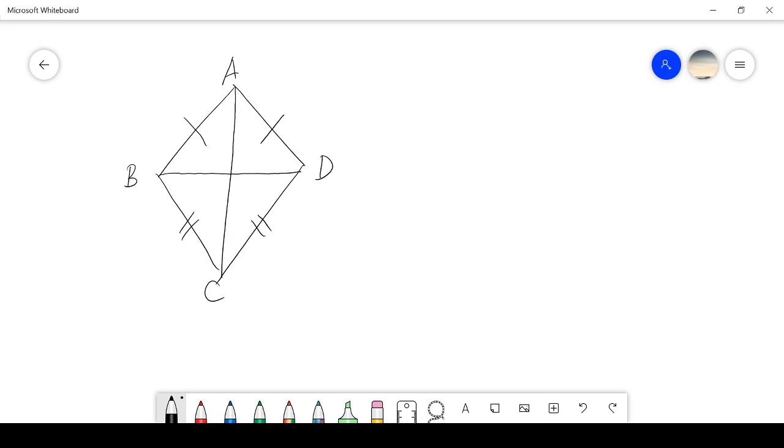They tell us that OB is equal to OD, and that's equal to 6. So that's 6, and that's 6. They tell us that OC is equal to 15. So OC is equal to 15. And they tell us that AD is equal to 10. Okay. And the question says, calculate the area of this kite.